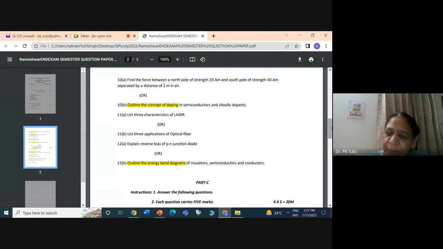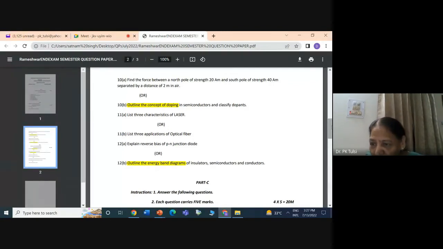Concept is explained. Or even method is described, but you can use explain, describe the concept of doping in semiconductors and classifying dopants. But you cannot use outline. And this word has been repeated: outline the energy band diagrams.